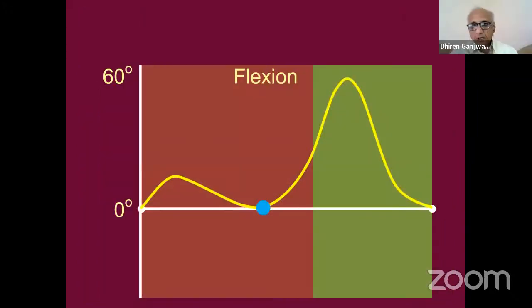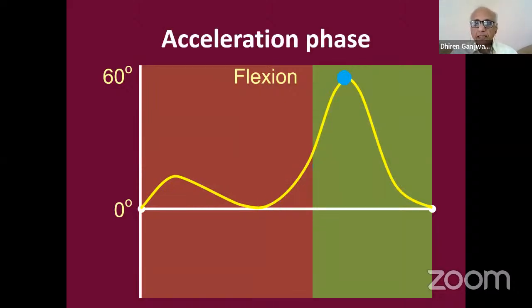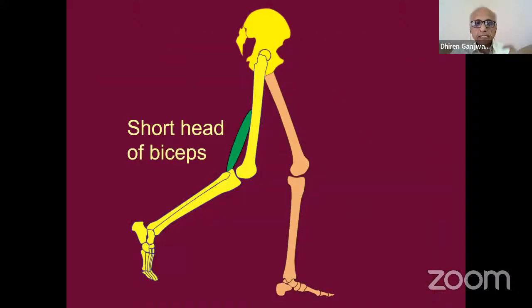Now coming to the fourth point, where there is a rapid flexion at the knee, which is called the acceleration phase. It is the short head of the biceps that is working at this point. A lot of people believe that all the hamstrings, semimembranosus, semitendinosus, and the biceps should be working.